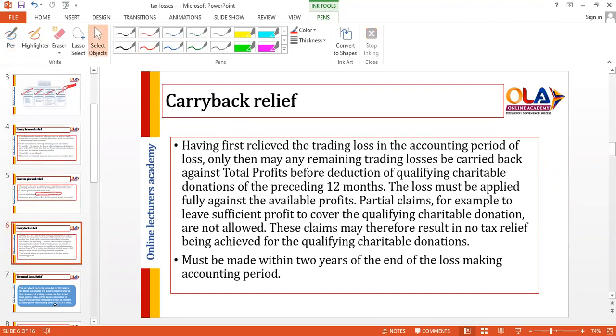Similarly, if you want to opt for the carry back method, there is a restriction that you can only offset against total profit before QCD of the last 12 months. And for that last 12 months, if the previous period is a short one, then the order will be based on last in, first out.